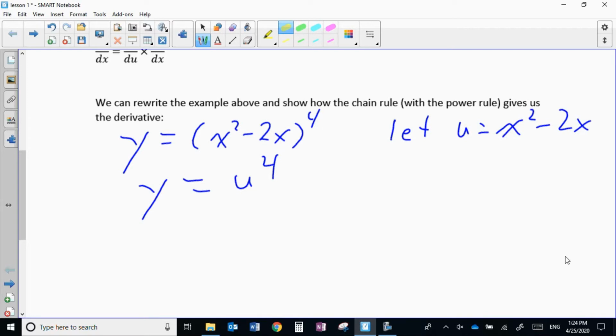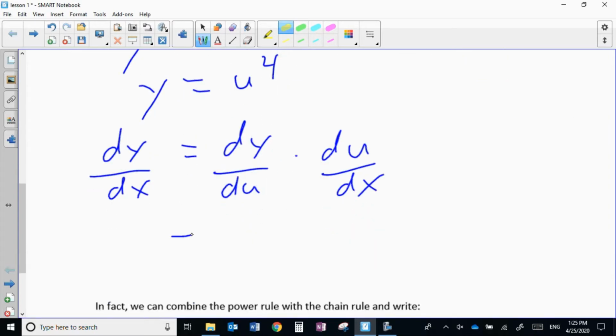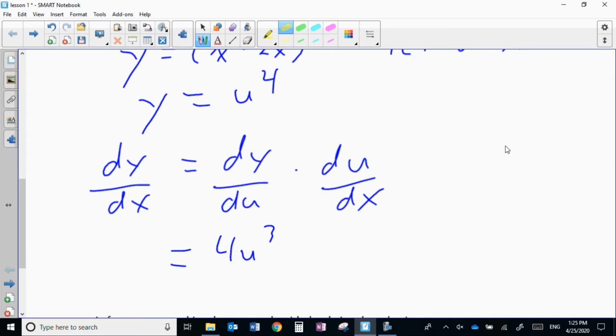Okay. And we can now say dy by dx equals dy by du times du by dx. Okay, dy by du is 4u cubed, and du by dx is taking the derivative of this right here, which would be 2x take away 2. And there's our derivative, dy by dx.